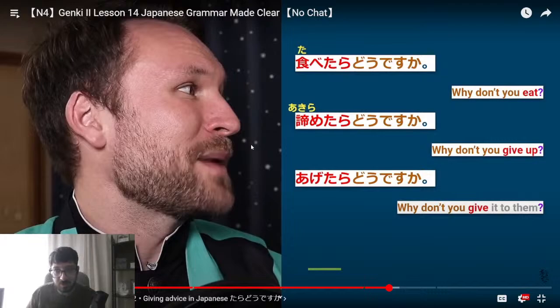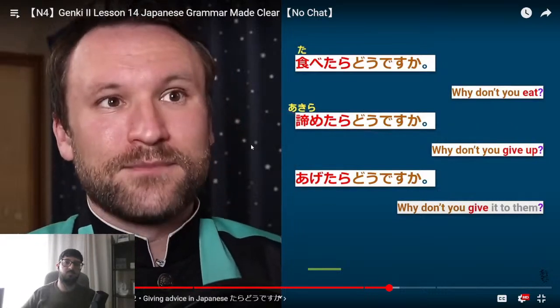It's the only kanji I've completely mastered right now. 食べたらどうですか. Why don't you eat?